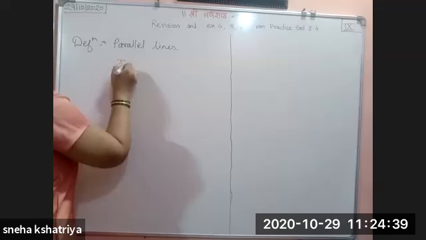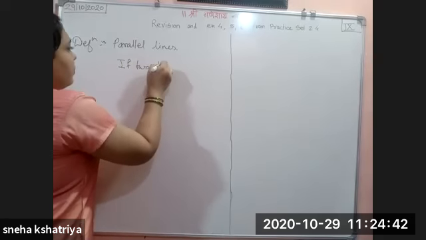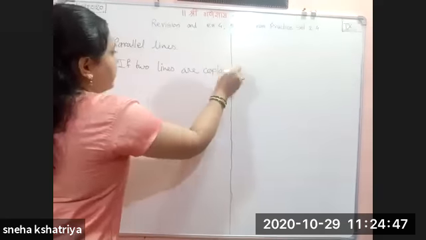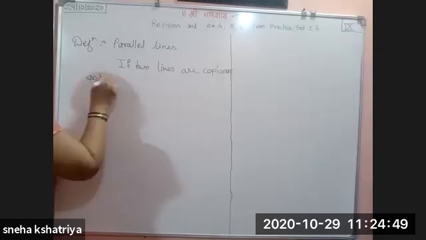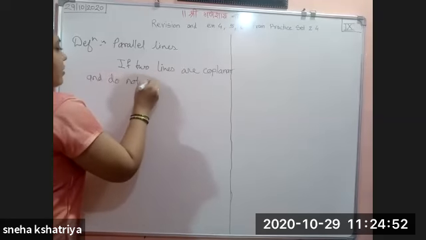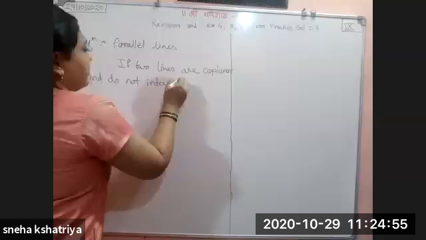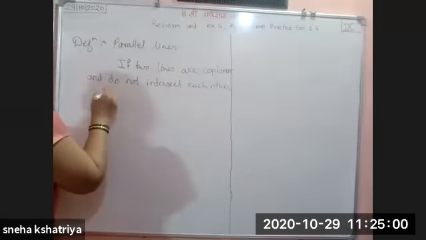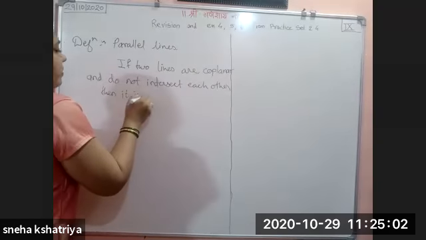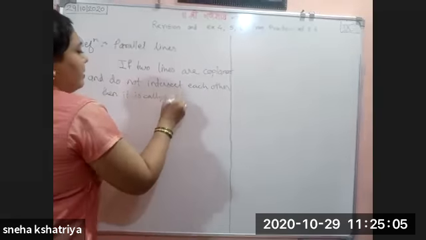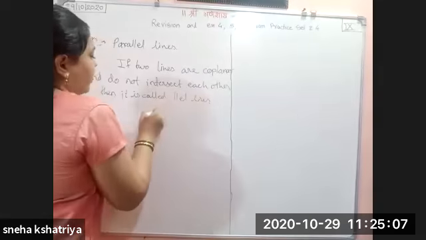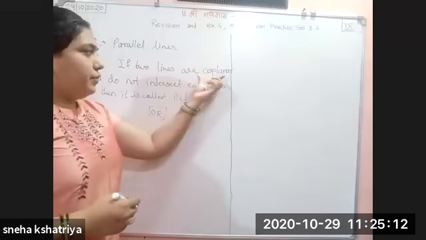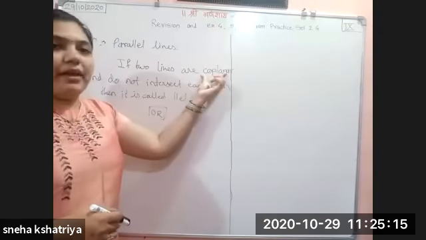If two lines are coplanar and do not intersect each other, then it is called parallel lines. Okay, so if two lines are coplanar, I've told you that if two lines are coplanar means what?